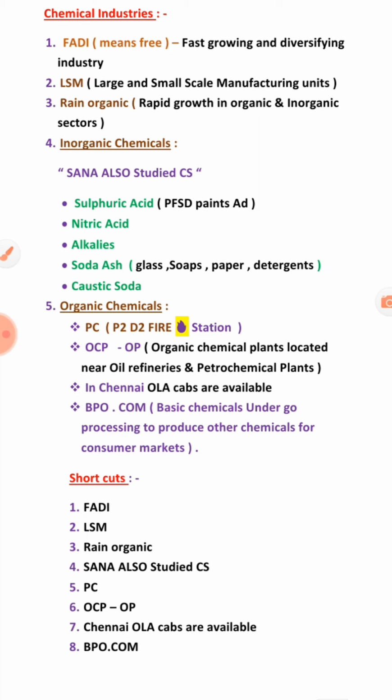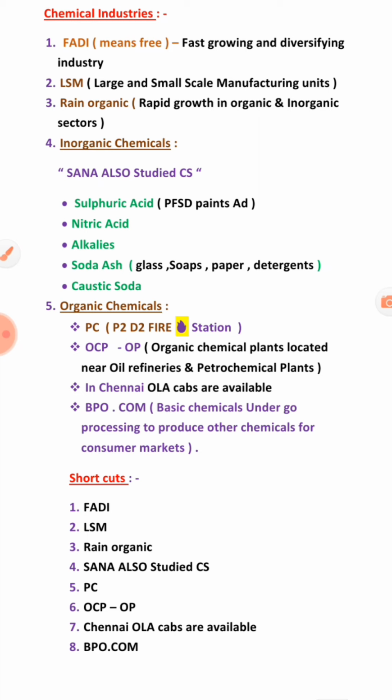Then next one is organic chemicals. I told already, PC means petrochemicals. Then P squared D squared fire station, that is P2 D2 FiRe station. P represents plastics and pharmaceuticals, D represents drugs and dyes.